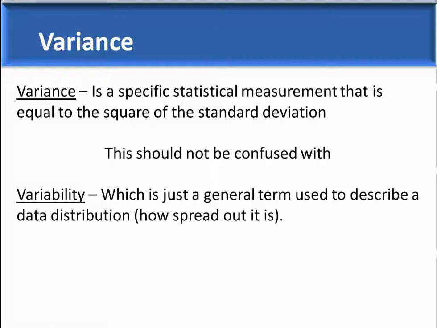So it is a measure of variability, which is just a general term that we use to describe a data distribution. So variance is a very specific measurement. It has a formula to calculate it. It is a specific number, as opposed to variability, which is just a much more general term. Variability: the data is more spread out, the data is more clustered together. So it's important to see that distinction there.